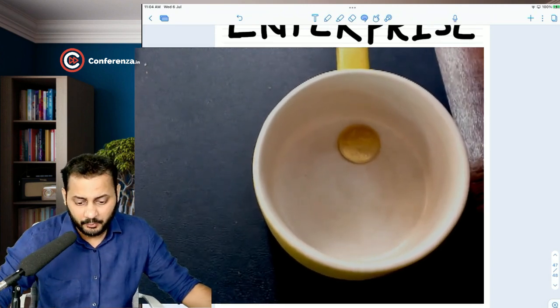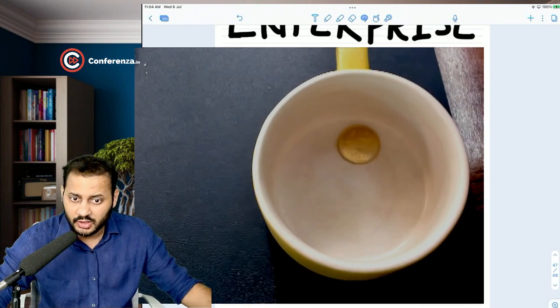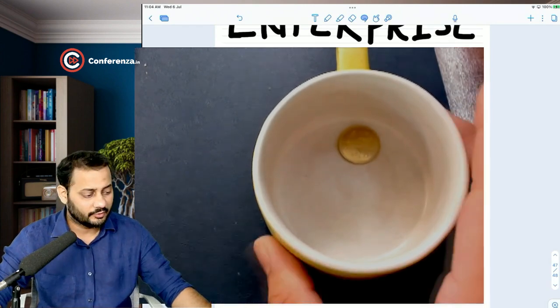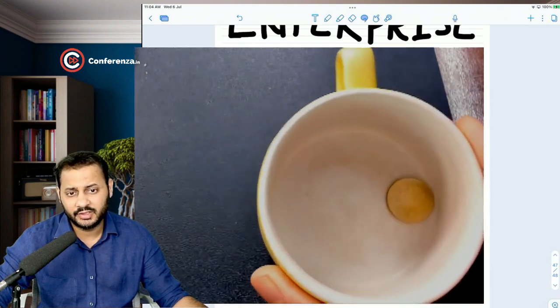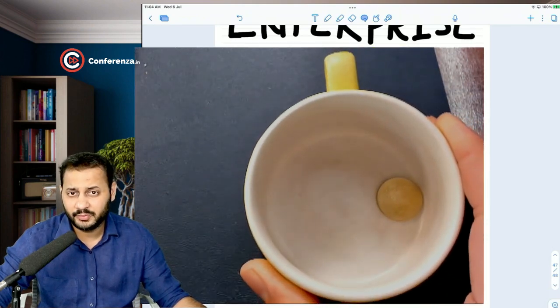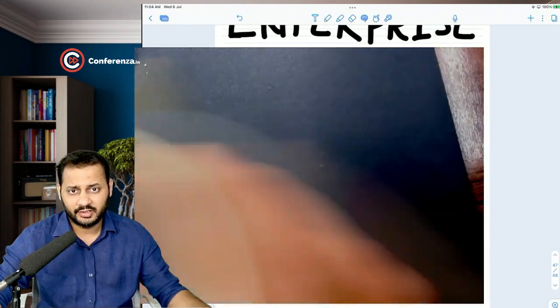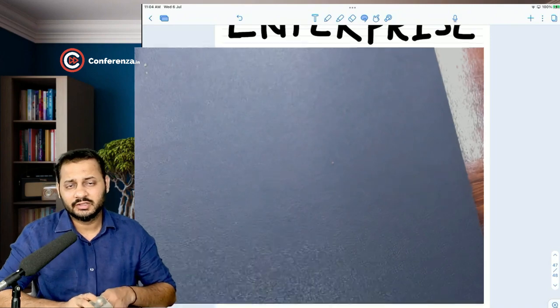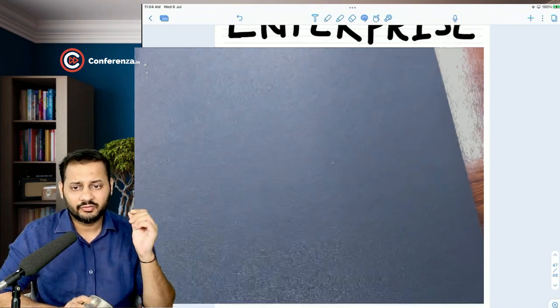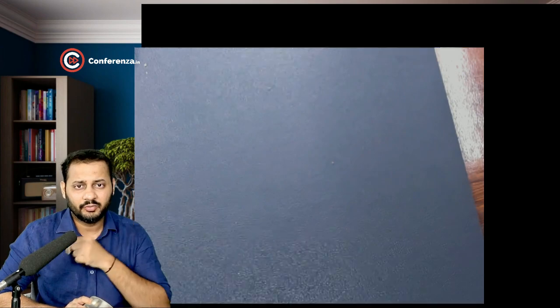My question to you is, what is the real cost of that cup to you? Practically speaking, although you will be paying 100 rupees to me, you can immediately take that 5 rupee coin and put it in your pocket.